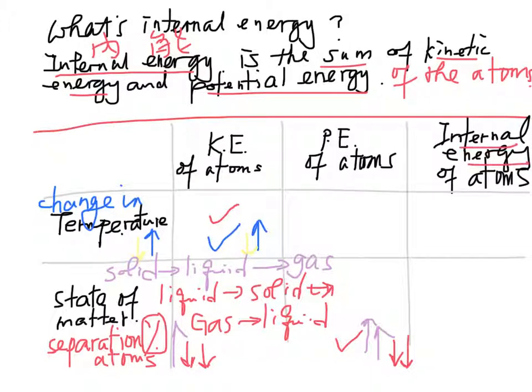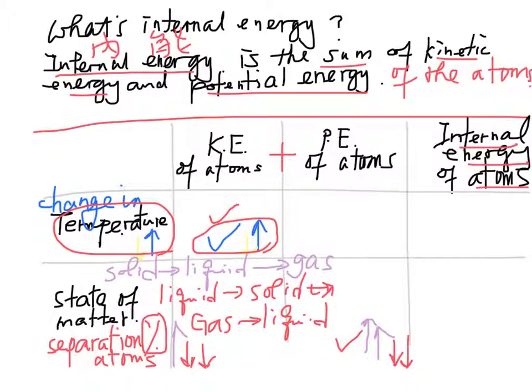Internal energy of atoms is a sum of kinetic energy and potential energy of atoms. Therefore, when the temperature increases, the kinetic energy of the atoms will also increase.